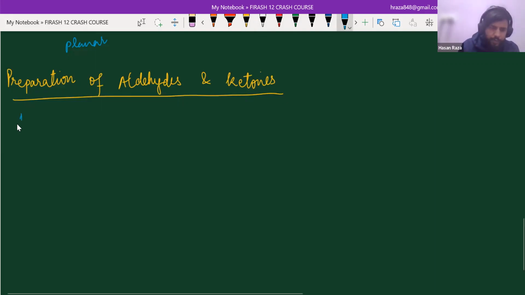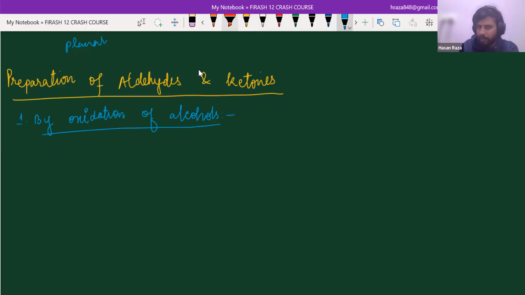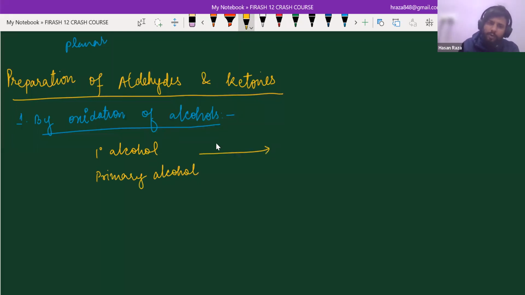Like the first one is by oxidation of alcohols. So I don't need to write all the reaction because we just covered that: primary alcohol, if you have 1 degree alcohol and you do oxidation using an oxidizing agent, it will be converted into aldehyde.